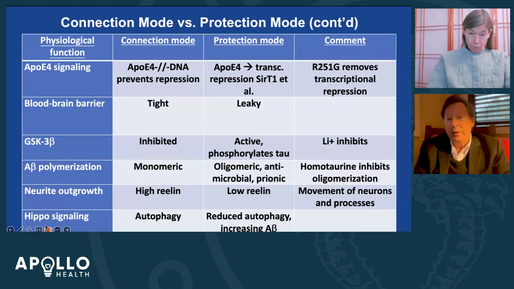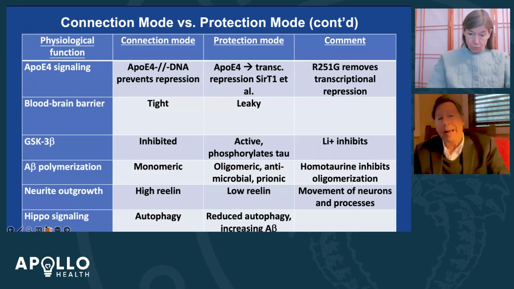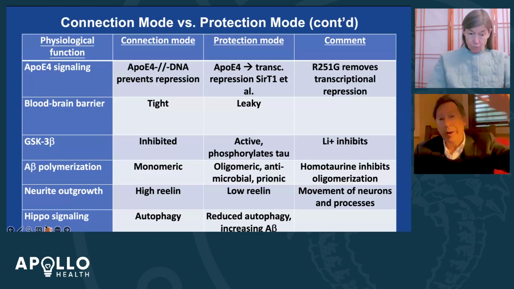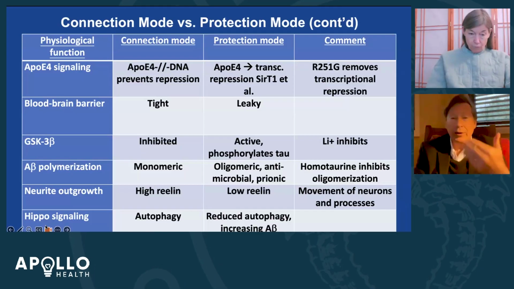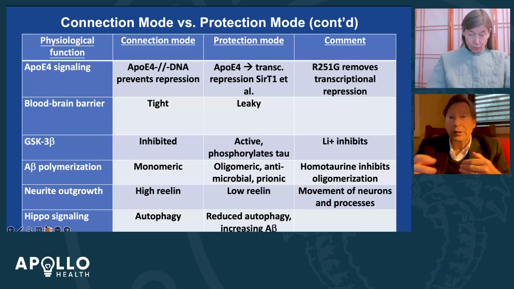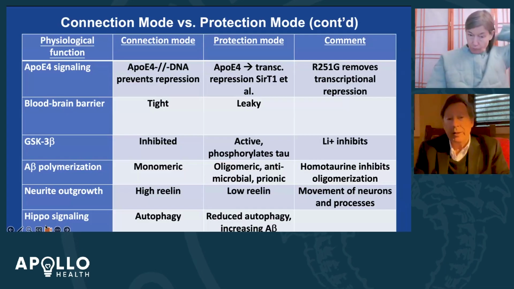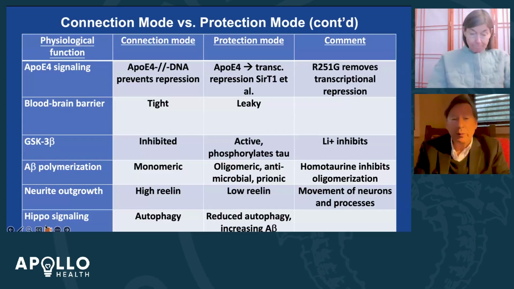And so no surprise, when you are in protection mode, you have a downregulation of your renin. When you're in a neurite outgrowth mode and a connection mode, you have high renin. And before that, during development, it's actually used for moving the cells through the extracellular matrix. And then there's a pathway called hyposignaling, which is autophagy related.